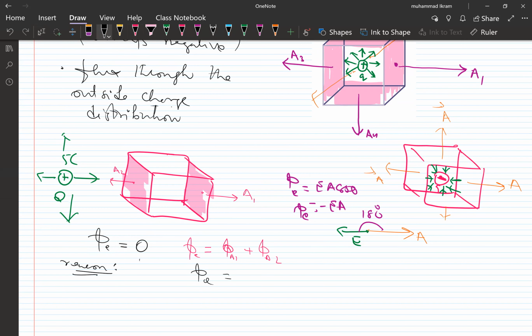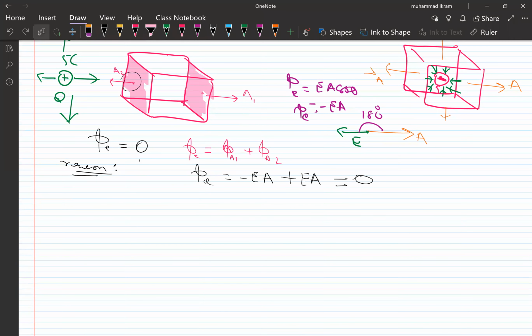Look, but here the flux is negative, so it will be minus EA, and here the flux is positive, so it will be plus EA, right? For both, the magnitude of the area is the same, and the electric field intensity is the same. We consider only along the x-axis. So what is the total flux? That is zero.